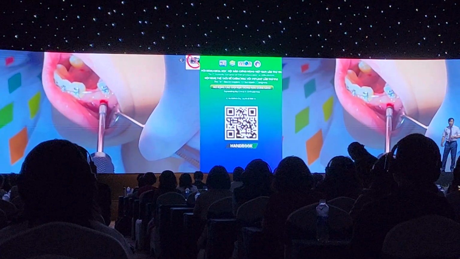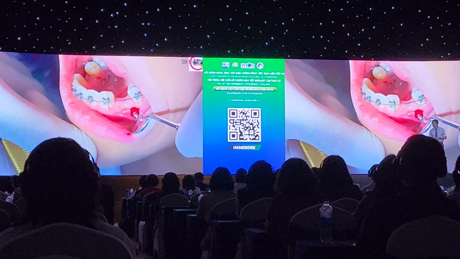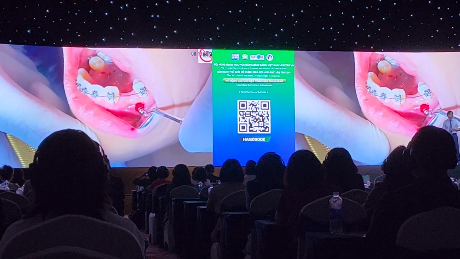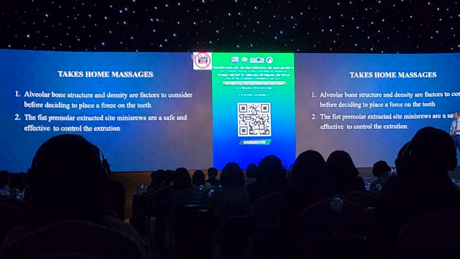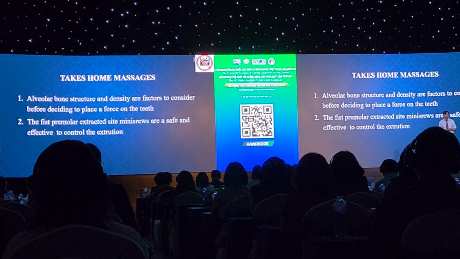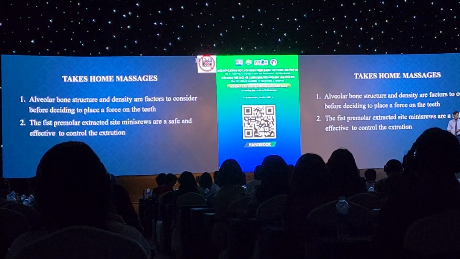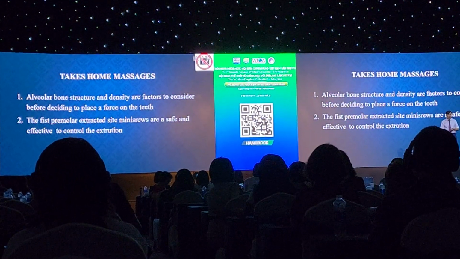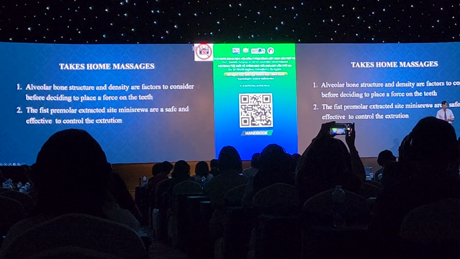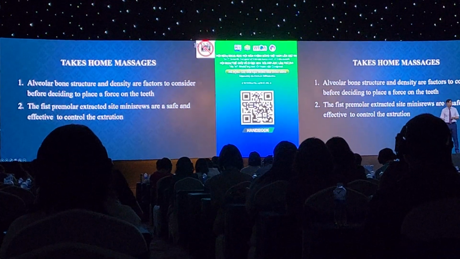And when we control the vertical dimension, we will get a beautiful face, especially when we use the straight wire technique. Alveolar bone structure and density are always factors to consider before deciding to place a force on the teeth. And the first premolar extraction side mini screw is safe and effective to control the extrusion.